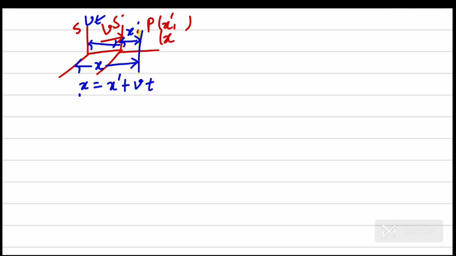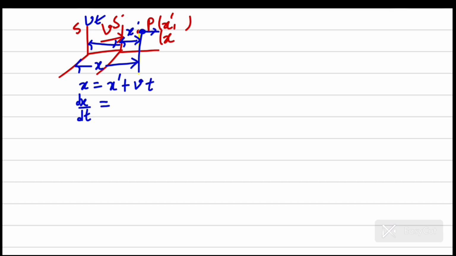So if you take the time derivative of this equation, so this is dx dt, which indicates the speed of that point. If this point starts moving in x direction, so dx dt is the speed of that particle in S frame. So dx dt denotes the speed of that particle with respect to the S frame.